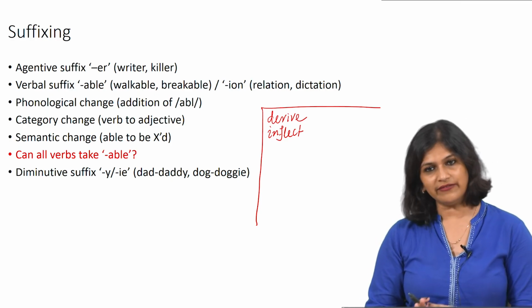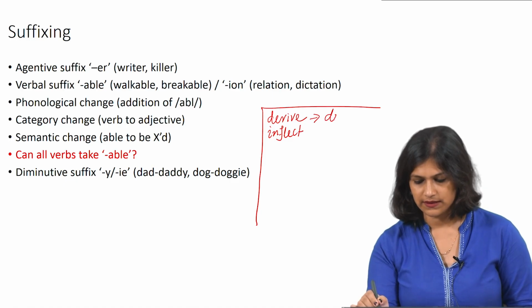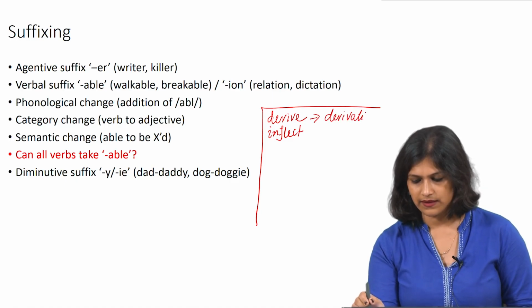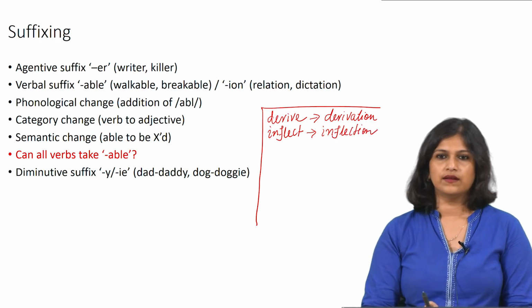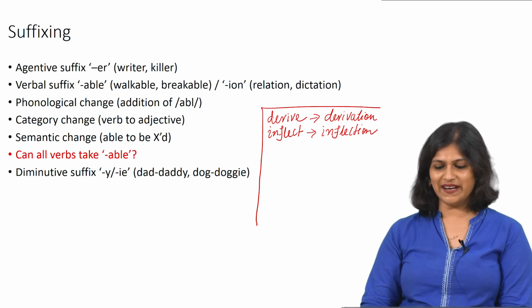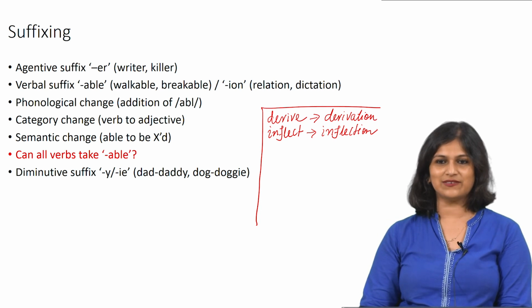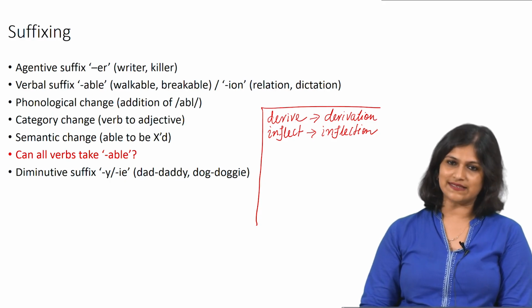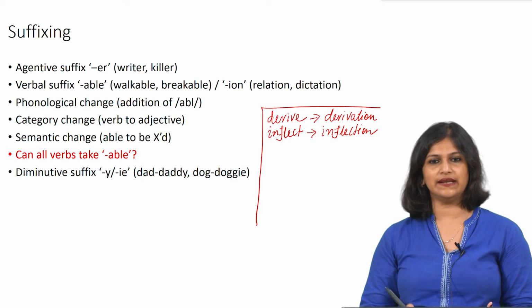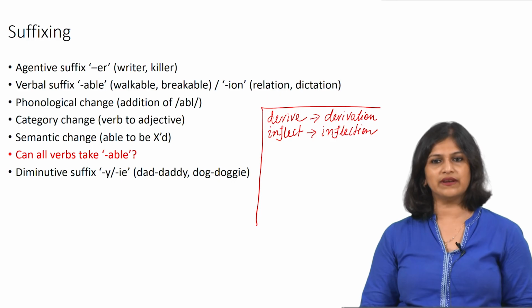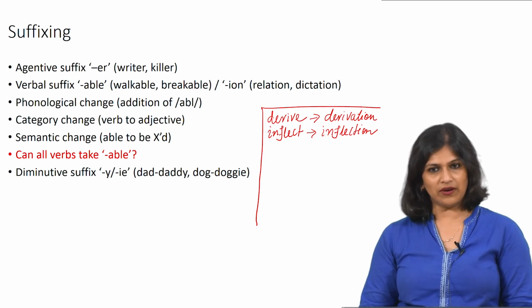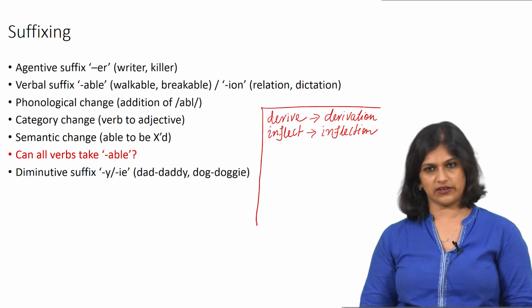When they derive a new word, we call the process derivation, and these affixes are known as derivational morphemes. Okay. So, from the word derive we get derivation, and from inflect we get inflection. These affixes, which are primarily prefixes or suffixes, are primarily morphemes, and they have 2 different functions.